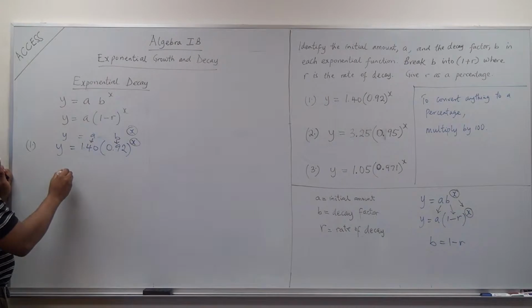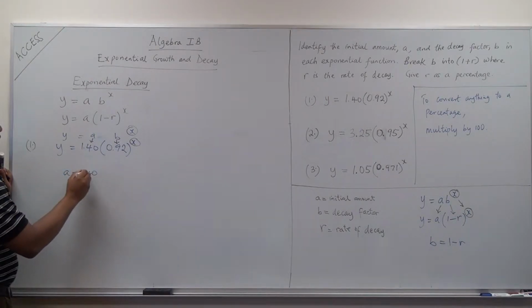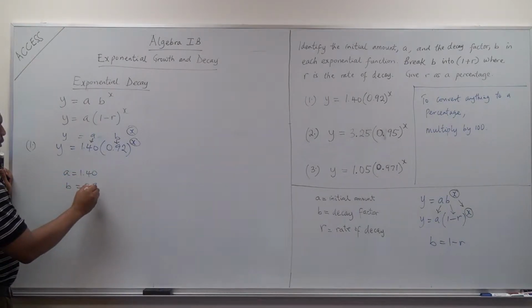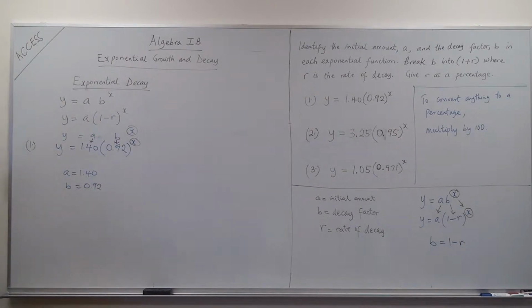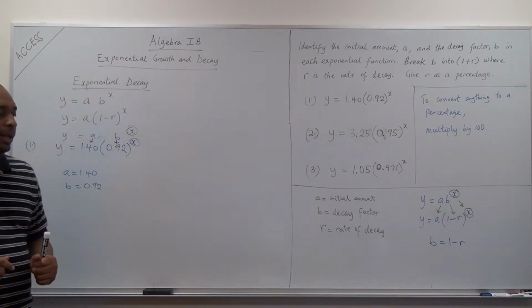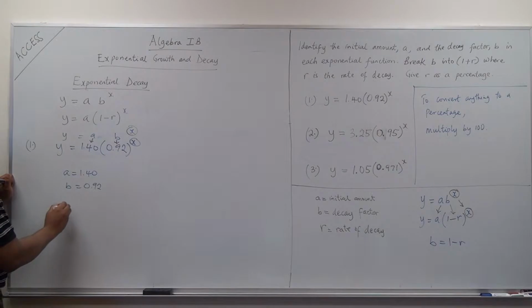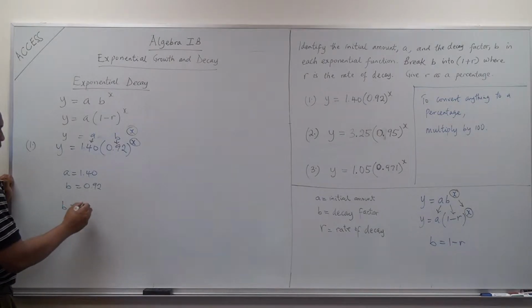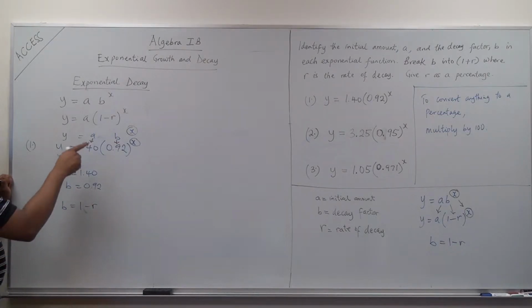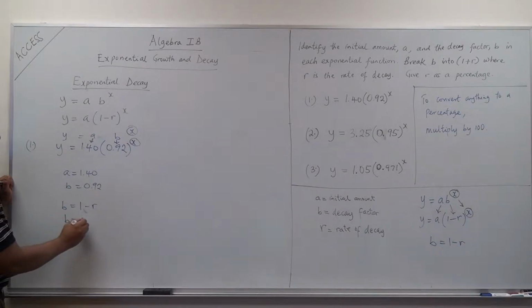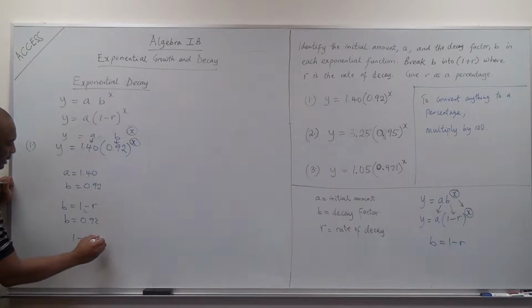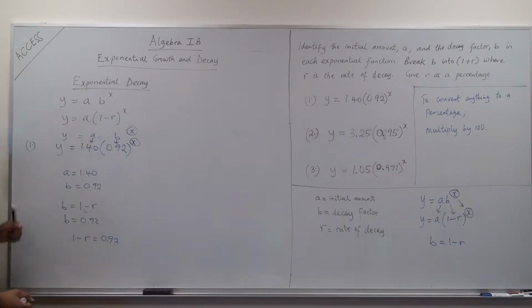So our A is 1.40, our B is 0.92. And if you now want to find your R, the rate of decay, we have that our B is 1 minus R, and our B is also 0.92. So this means that 1 minus R is equal to 0.92.